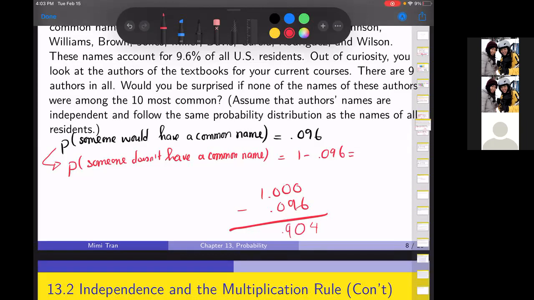Yeah, 0.904. Thank you. Wow, that's a big one. Roughly 90%, right?